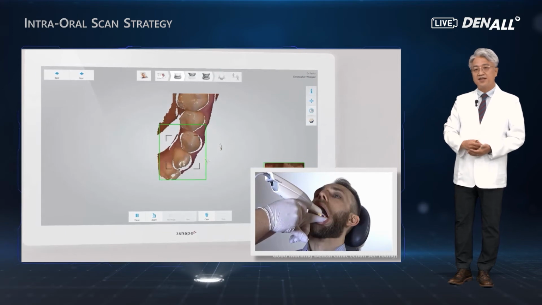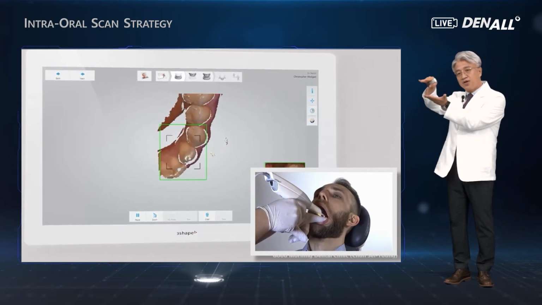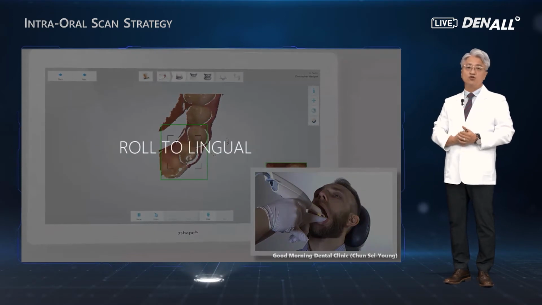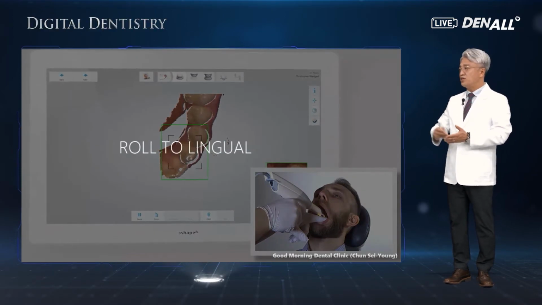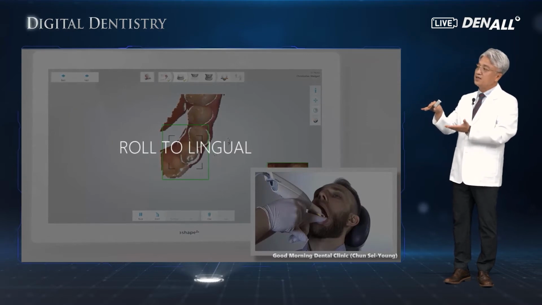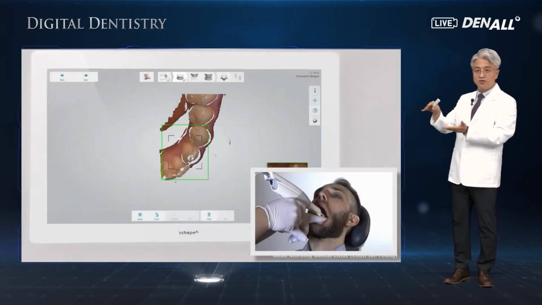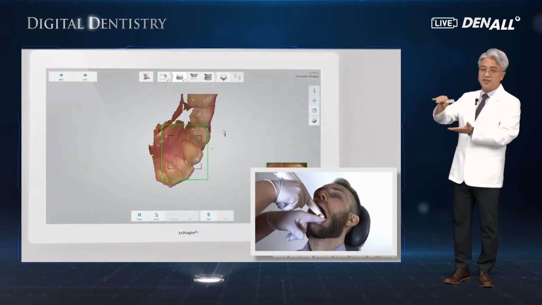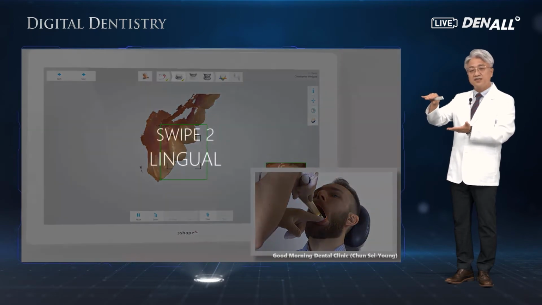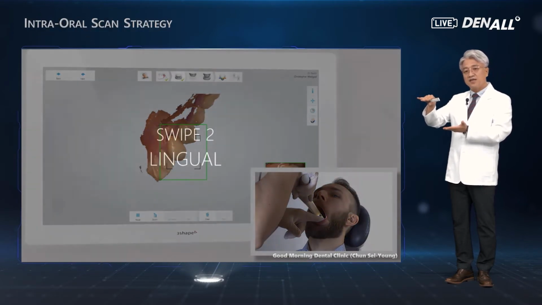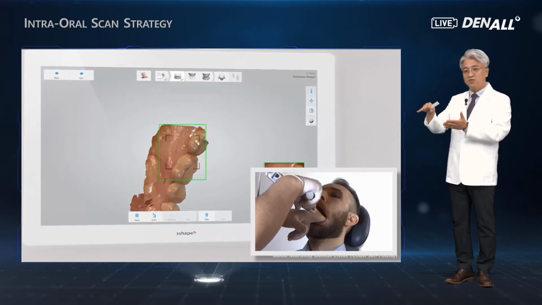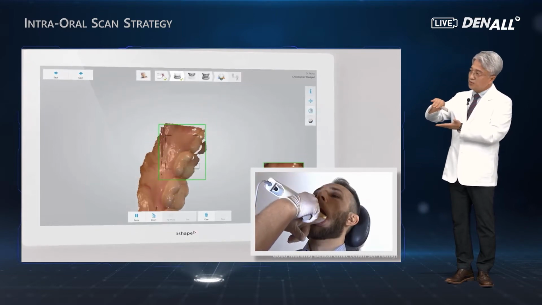Now, to scan the posterior occlusal surface, run the scanner in parallel to the surface to get precise data. When it reaches a canine or lateral tooth area, move to the lingual for the lower jaw. When bending, move a little slowly rather than in a straight line to accumulate the images in a precise way.